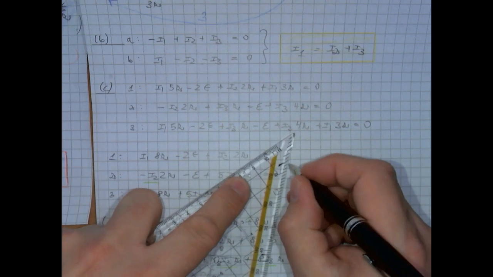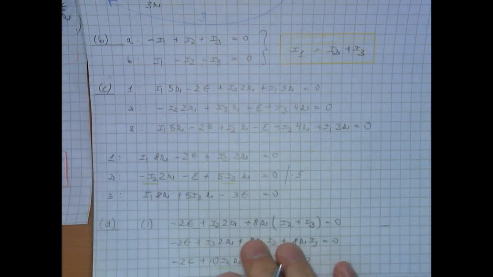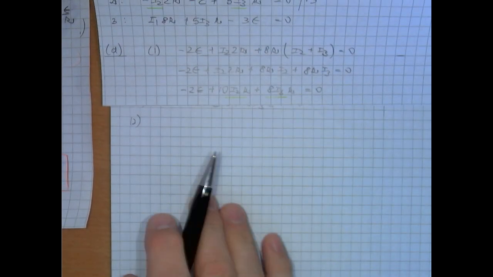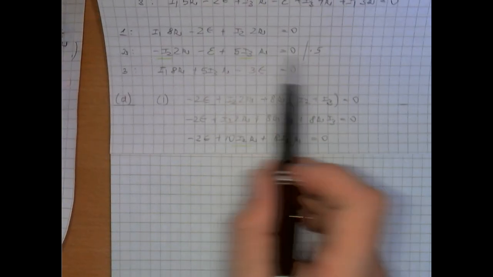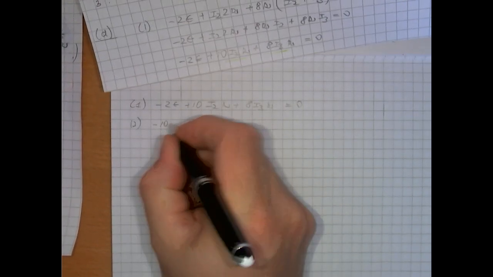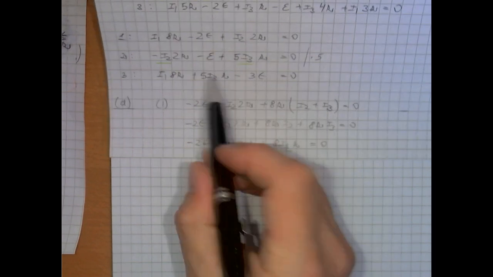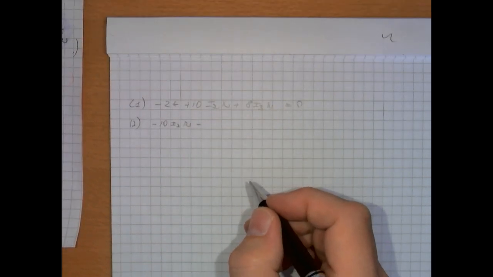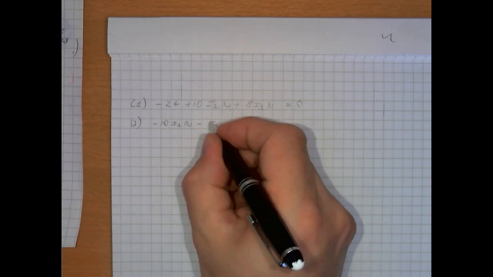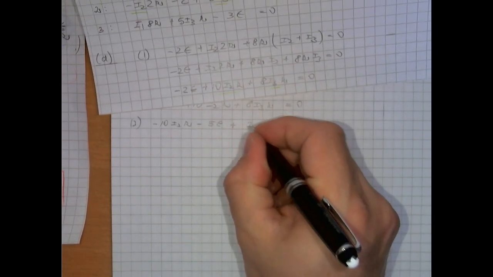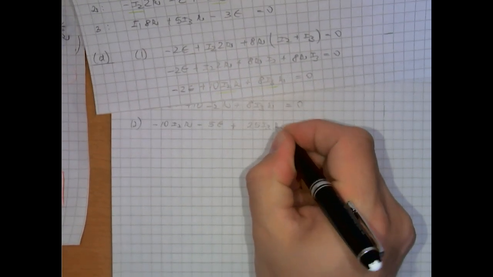So let's multiply this by 5. What do we get then? Minus 10 I2r, minus 5 epsilon, and then here 5 I3r times 5 is plus 25 I3r equals 0.